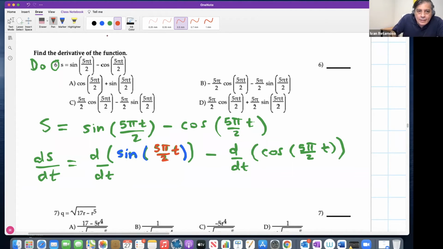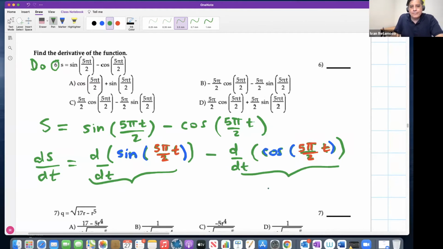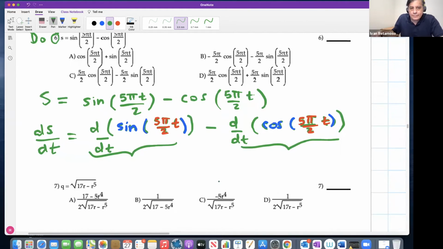Then here, outside function cosine, inside function 5 pi over 2 times t, right? Can you try this, guys? Get this derivative, subtract them, and that's it. And look at your answer among the choices.